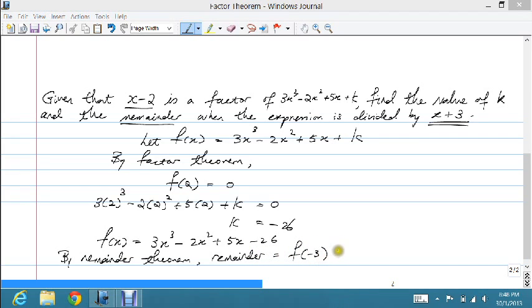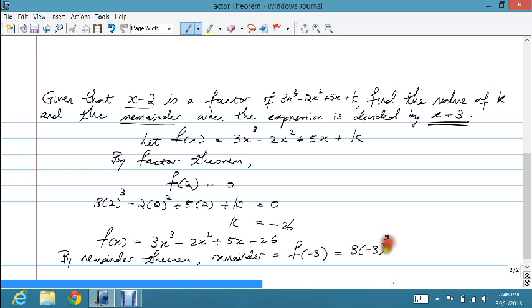So all we have to do is substitute negative 3 into f(x). We get 3(-3)³ - 2(-3)² + 5(-3) - 26, and this gives me negative 140.